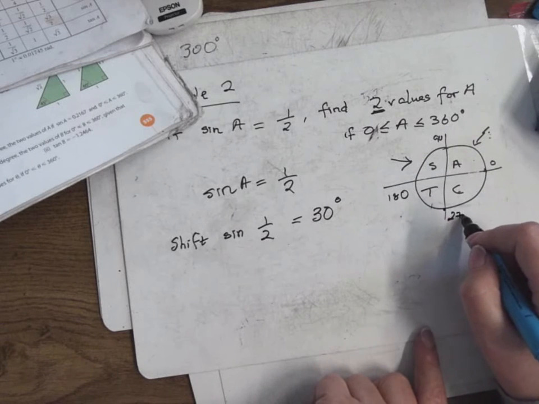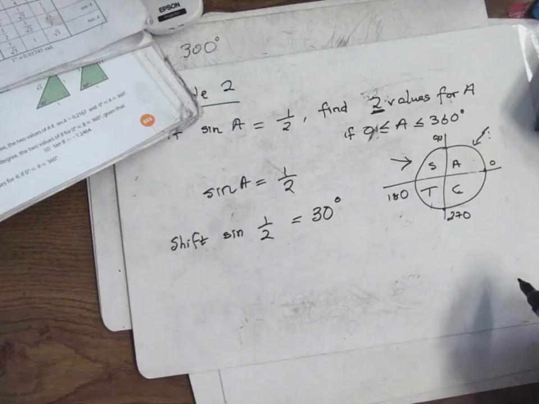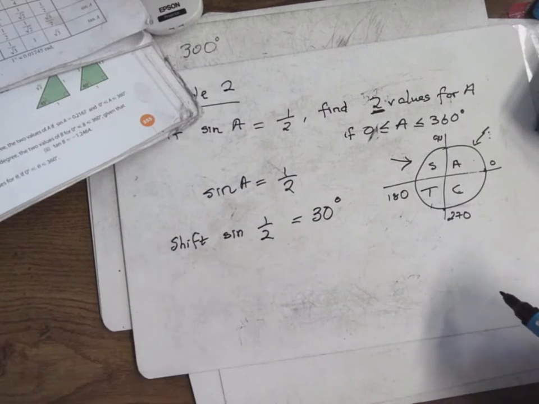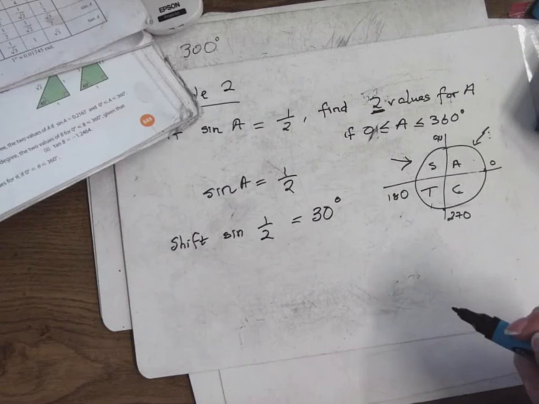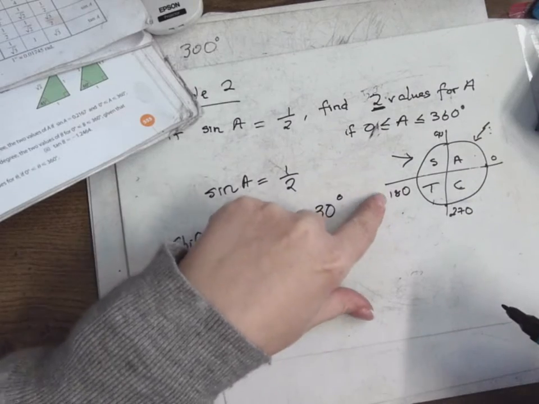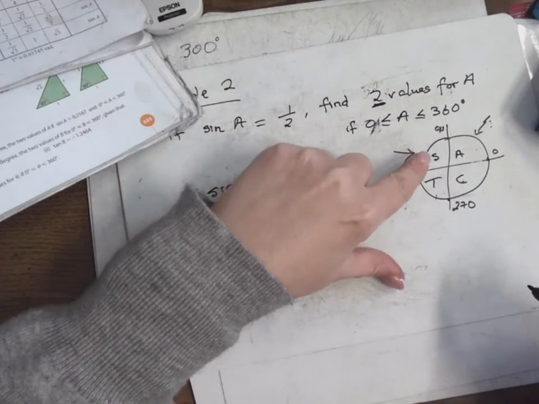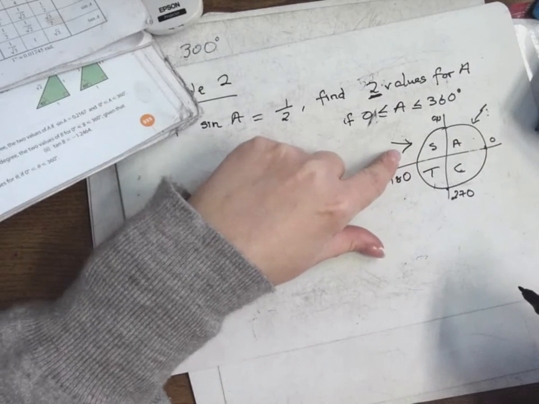To get an answer in here, the rule is you add or subtract the reference angle to 180. You know, up to now we were taking away 180 or taking away from 180. So you add or subtract 30 to 180 to get your second answer. But I want to end up in here because that's where the second answer is.